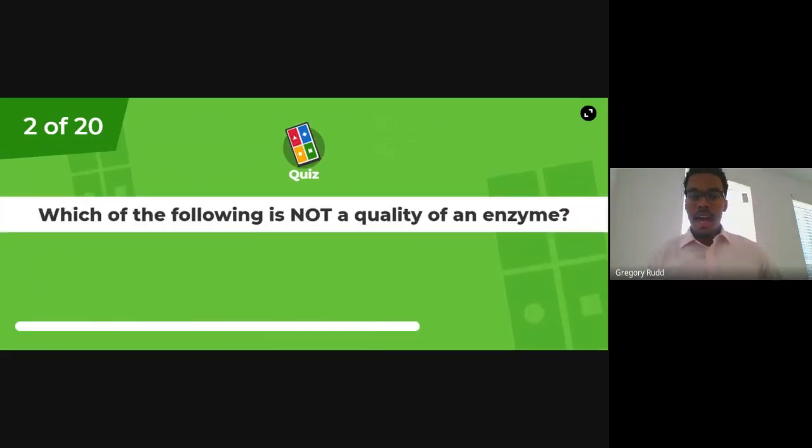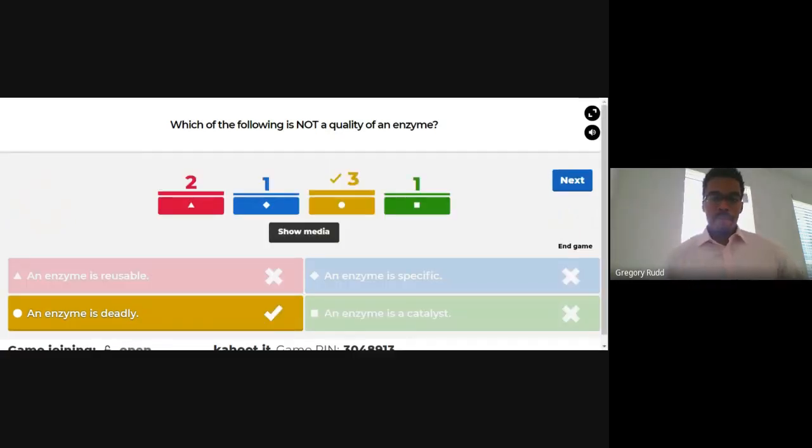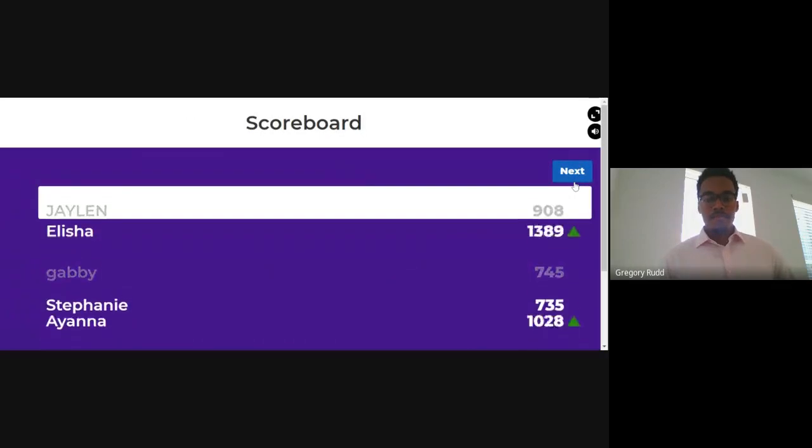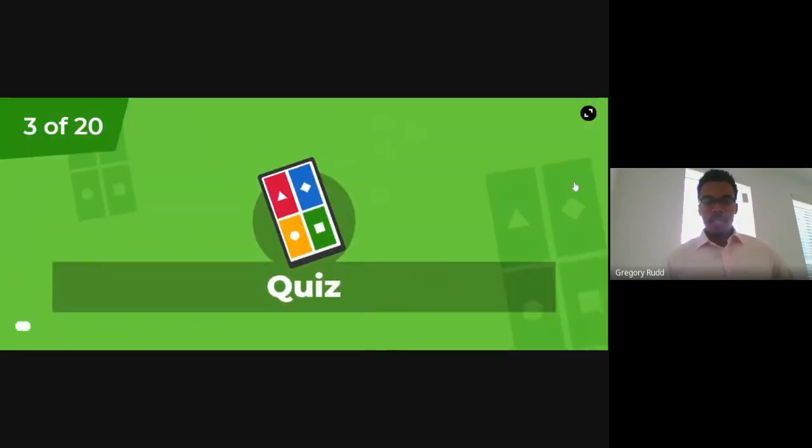Which of the following is not a quality of an enzyme? Okay, good. So we were looking for the only one that is not true. What is not a quality? Good job, Alicia and Ayana.